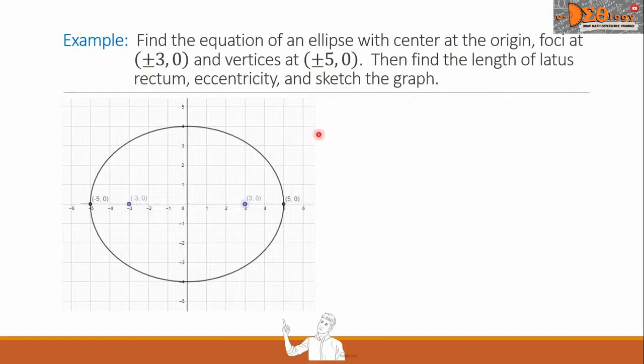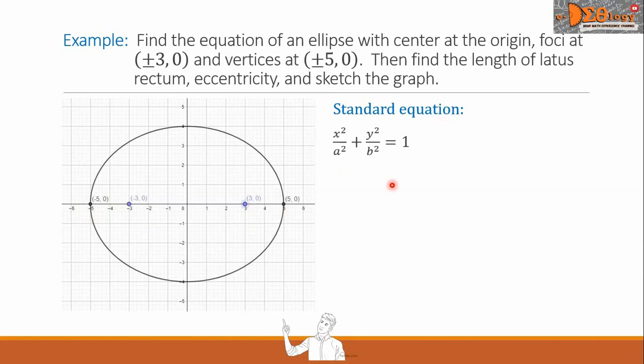For our solution, let us draw that ellipse, the center at the origin. The foci are here, (3, 0) and (negative 3, 0). The vertices are at (5, 0) and (negative 5, 0). Let us now write the standard equation of the ellipse.